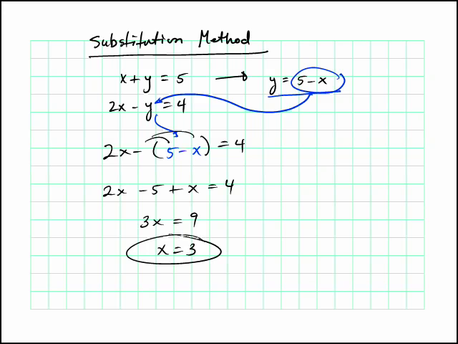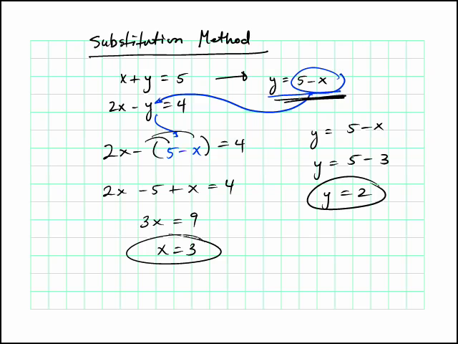So x is 3. You also, of course, need the other variable y, and the easiest way to get that is to use this equation back up here. y equals 5 minus x, and so y must be 5 minus 3, which is 2. And so using the substitution method, we have found that the solution to the system is (3, 2).